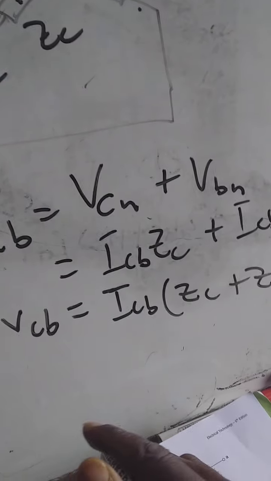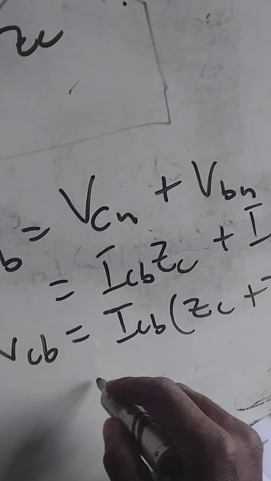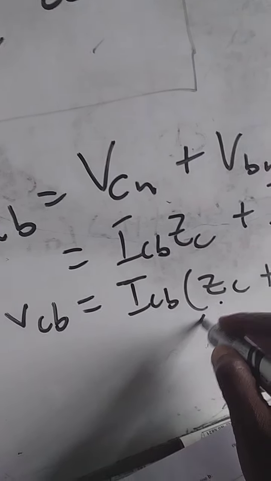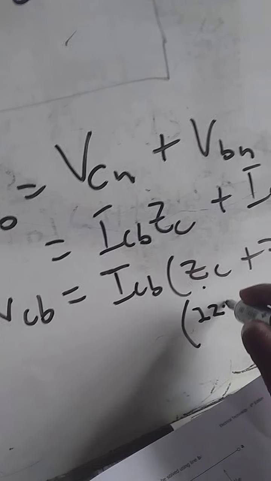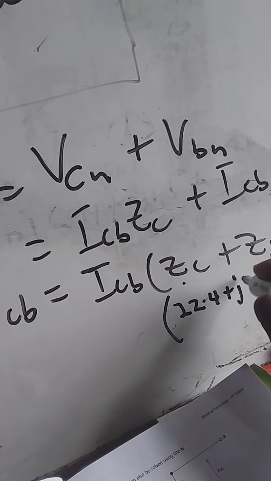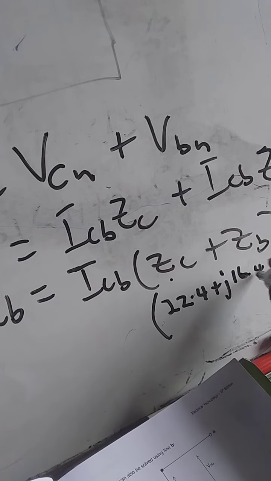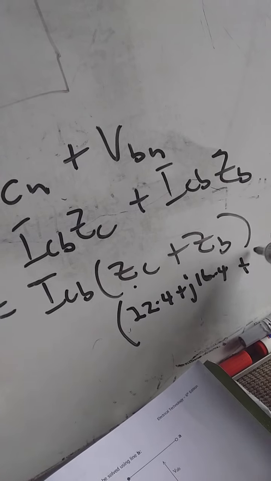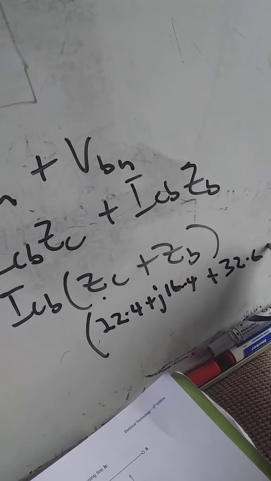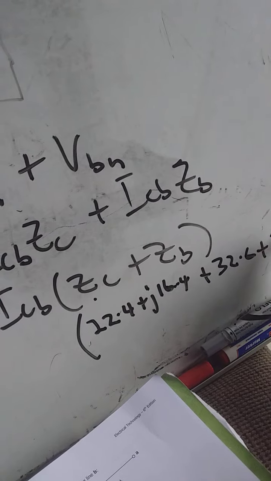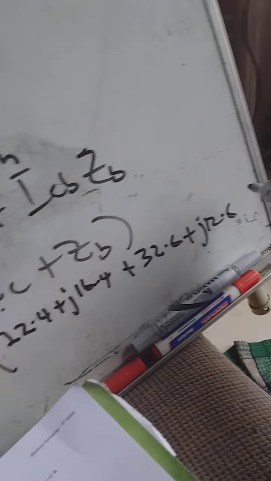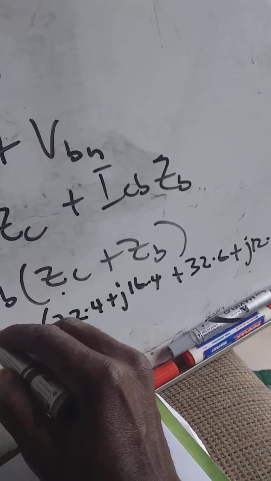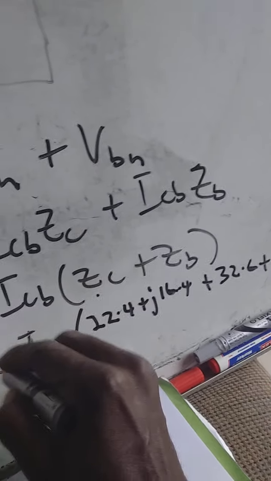Now we determine ZC and ZB. ZC is given as 22.4 plus j16.4, plus ZB, which is 32.6 plus j12.6, times ICB is equal to our VCB.